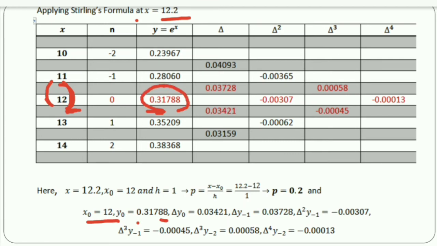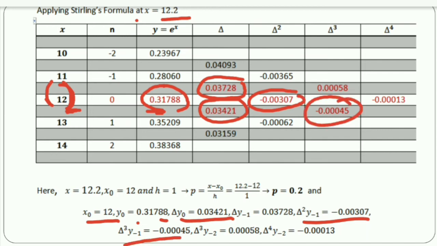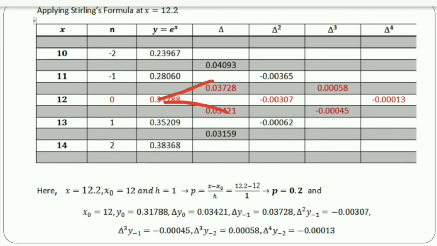Similarly, this is my del y naught. What is del y minus 1? That is this. What is del square y minus 1? That is this del square column. Then del cube, then these values, after that this. So I have to go in this pattern.